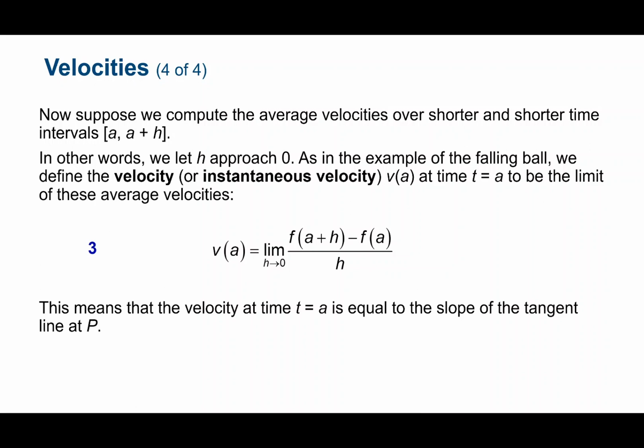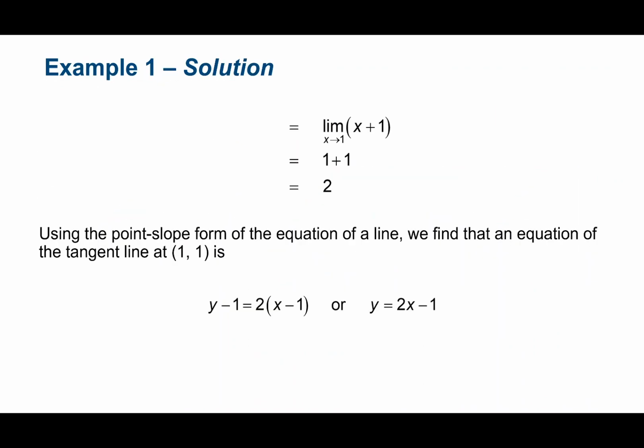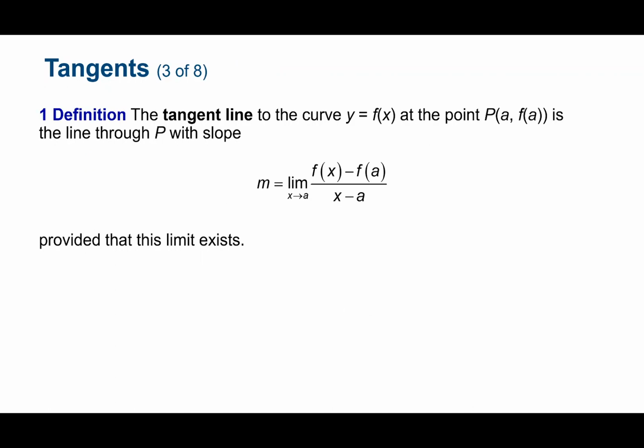Let me scroll back here. You can think about it with this definition, where we've got an x and we've got an a, and we're looking at our limit as x approaches a, as the two values get close together.